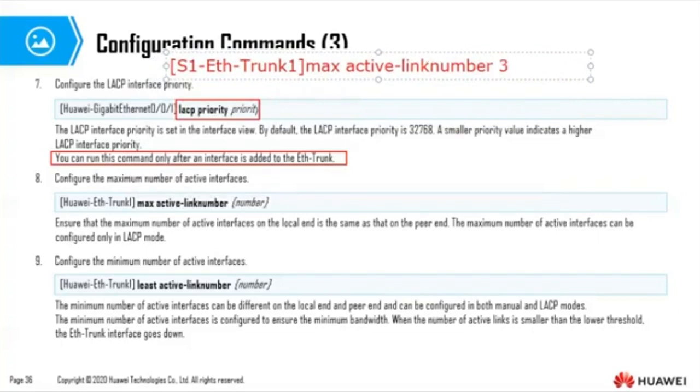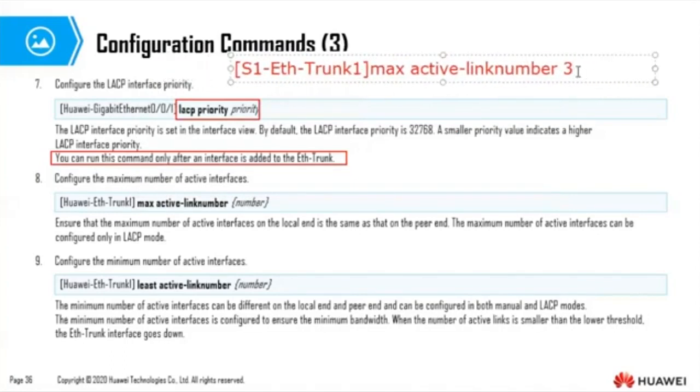Maybe you want a maximum of 3. Read further about this, but I think the maximum number of physical interfaces you can add in an Ethernet trunk is 8.